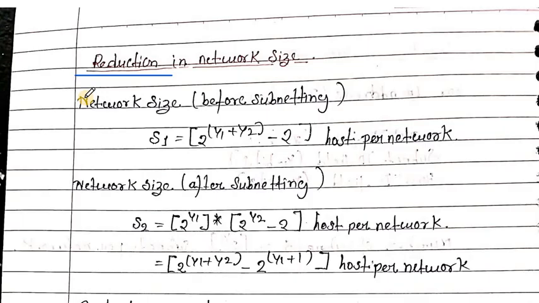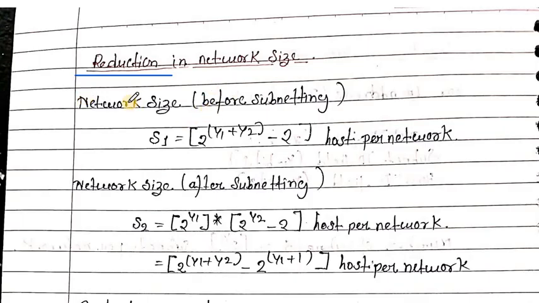So from each subnetwork, the starting IP address and ending IP address are not useful for us. We use only the addresses between them. So there is a reduction in network size.